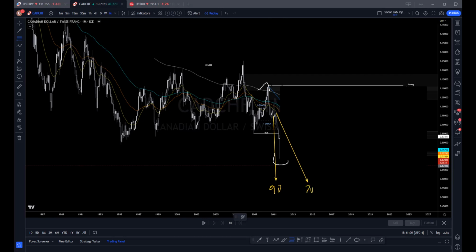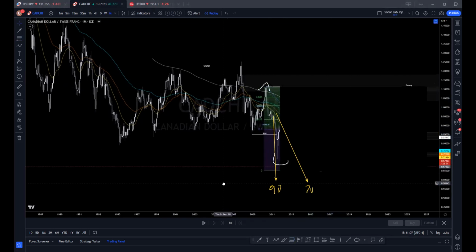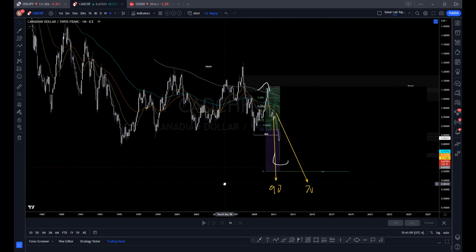A 50% snapback situation? Come on, that doesn't happen all the time, right? So the 50% from that swing low to that swing high is literally right here.